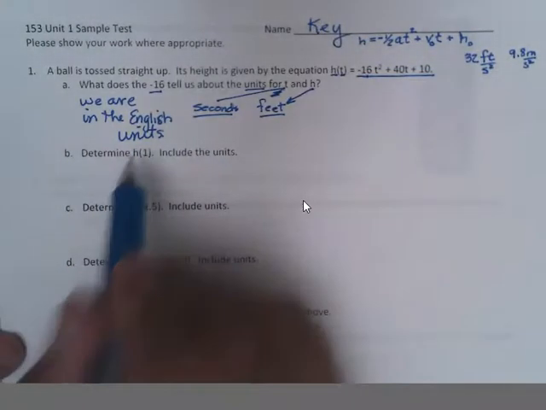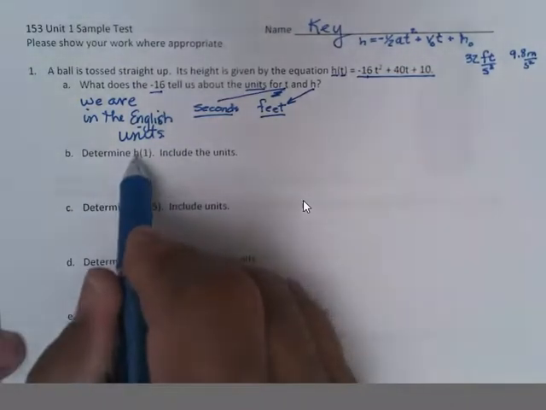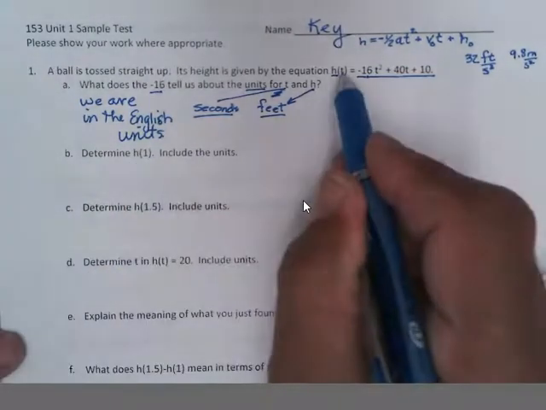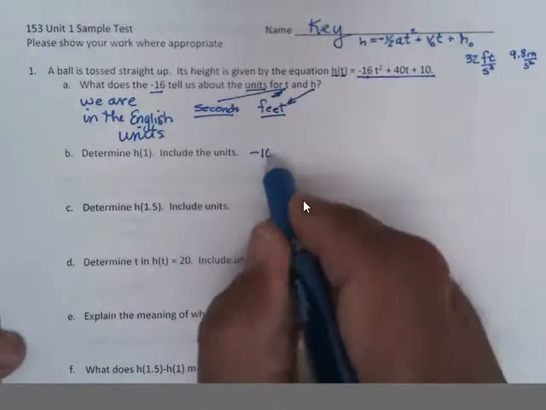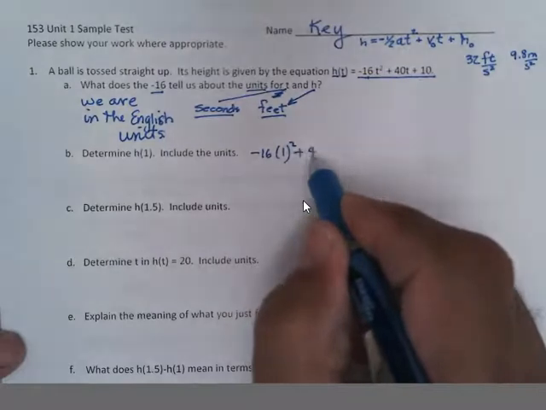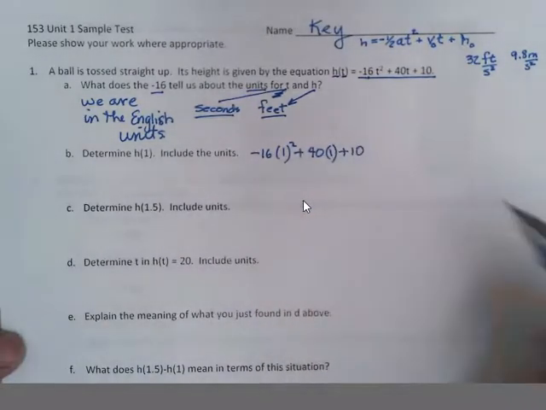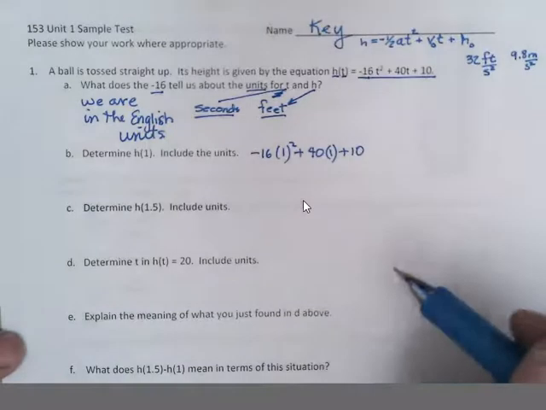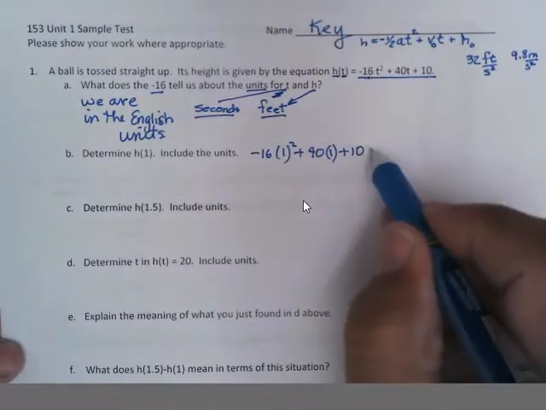So now it says determine h of 1. The height when the time is 1 second. So we're going to do negative 16 times 1 squared plus 40 times 1 plus 10. And I'm in an office where the lights are blinking, and it's driving me nuts, but okay.